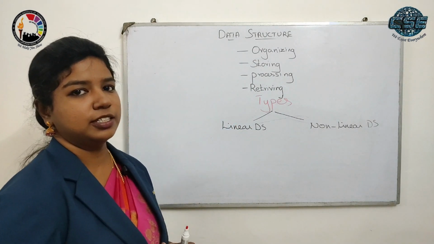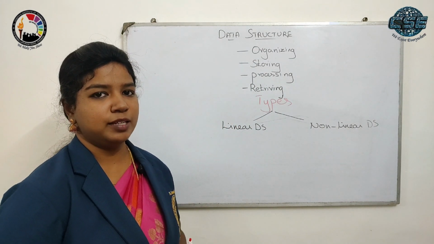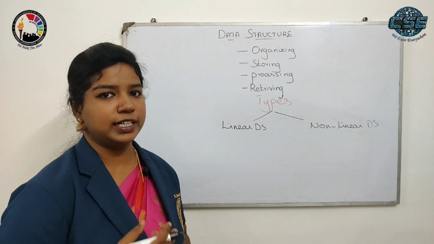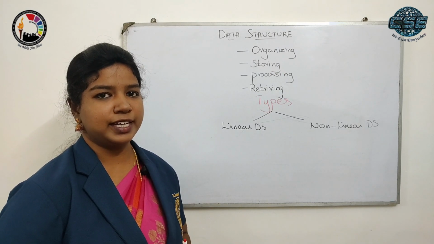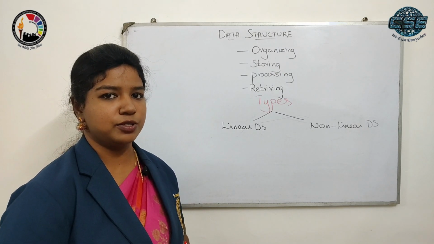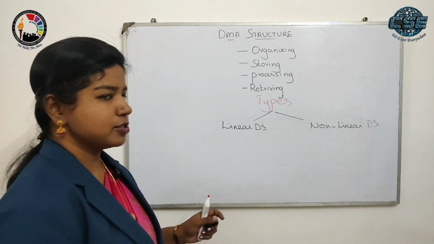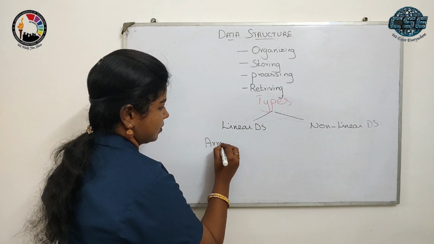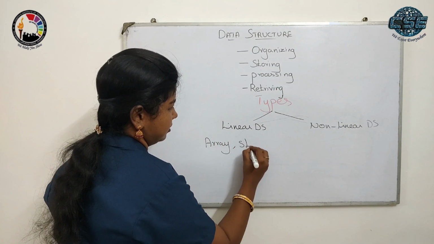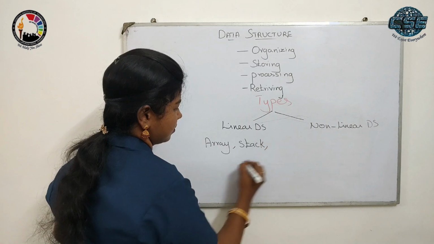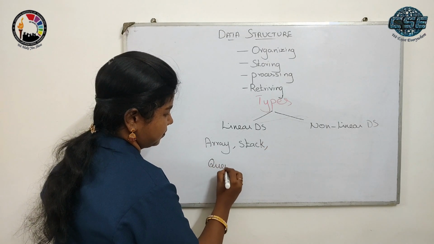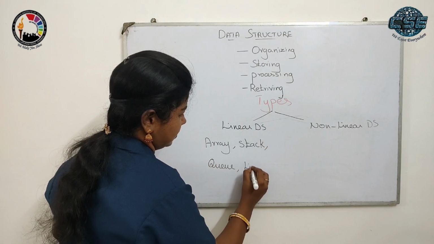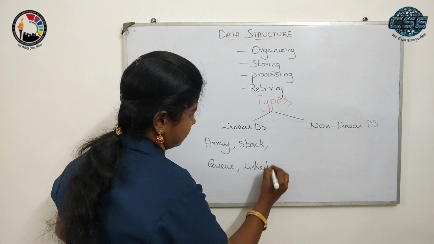A linear data structure is a data structure in which the elements are stored sequentially or linearly, where each element can be accessed either through the previous or next node. So the examples of linear data structures are array, stack, queue, linked list.